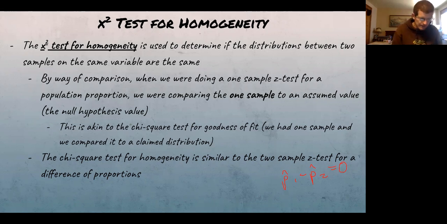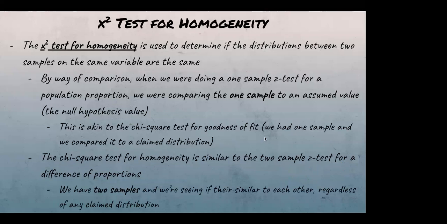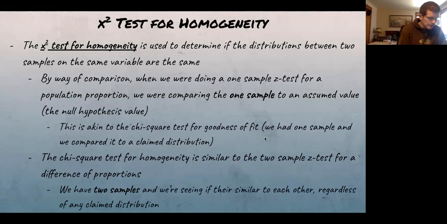All right, so when we're looking at a chi-square test for homogeneity, we're saying here are 2 distributions. Are these 2 distributions similar to each other? I don't know what it should be in a universal distribution of this, but I do know that I've got a distribution here that might look like this.